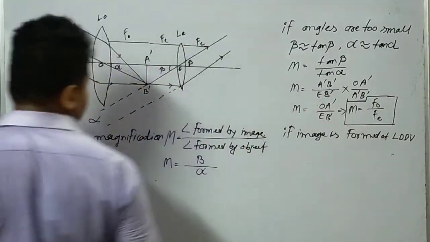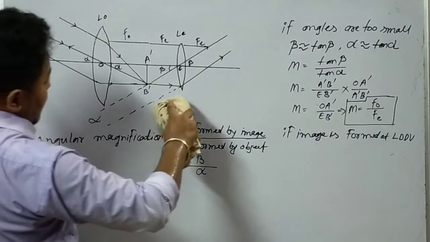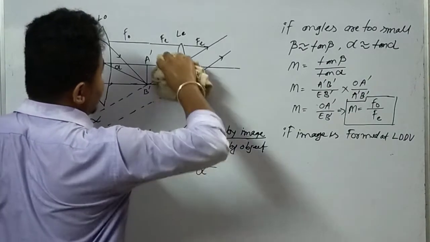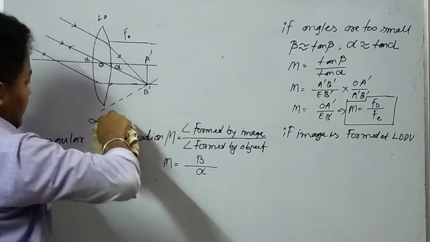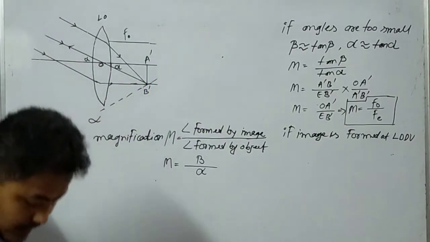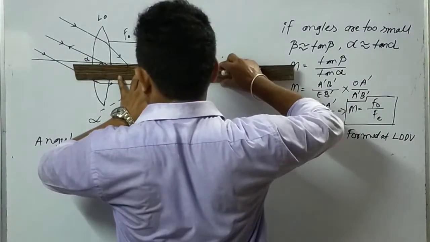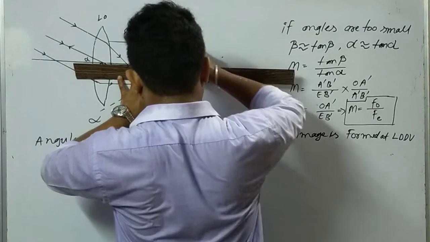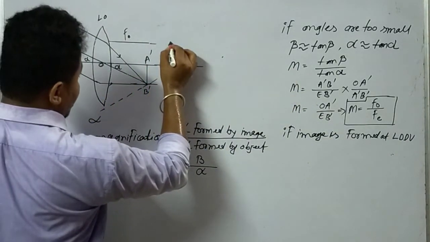So for now I will not rub the whole diagram, I am just showing it by rubbing this particular point. I am just adjusting the eyepiece lens. That means I am changing its position. So I am bringing the eyepiece lens close to here.